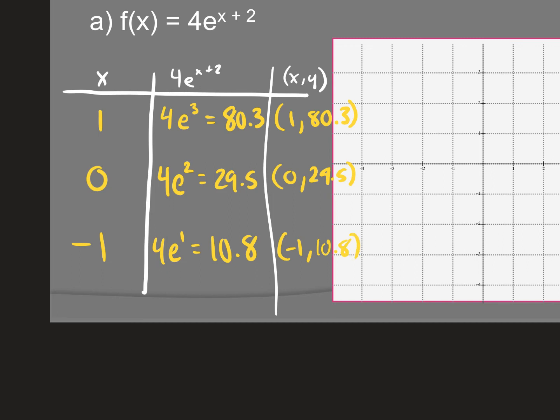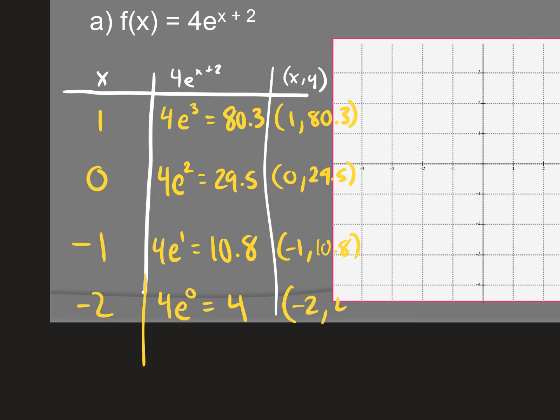If your numbers are this big, my suggestion would be to keep plugging in numbers. So let's plug in -2. 4 times e to the power of -2 plus 2 would be 0. What's e to the power of 0? 1. Anything to the power of 0 is just 1, and 1 times 4 would be 4. So this is a little bit better.